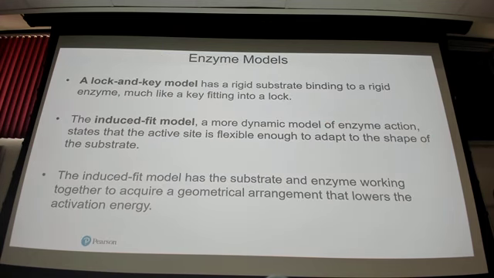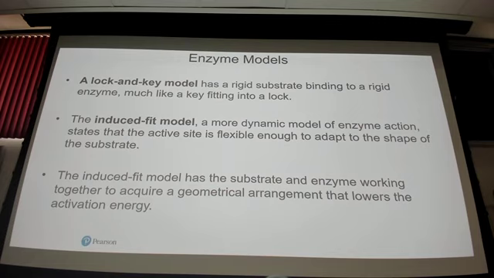So there are two common models for how enzymes work. You have the lock and key model. This is an old model that's not really thought of as being accurate, and that's where both the enzyme and the substrate are rigid, and they fit together very rigidly to catalyze the reaction.